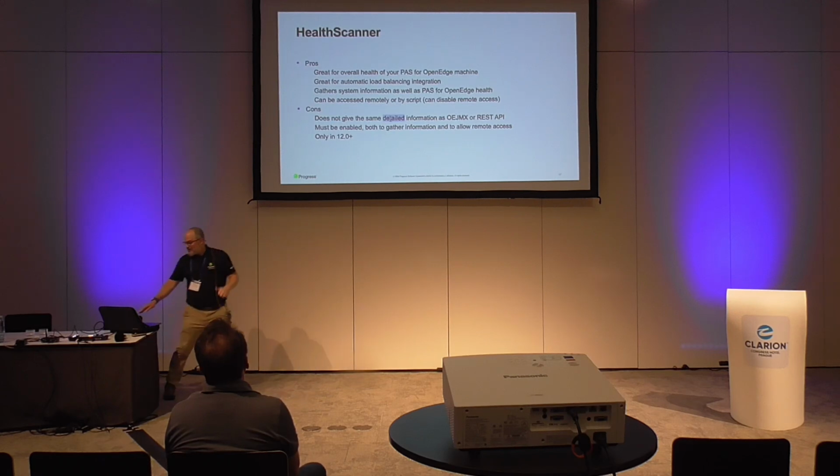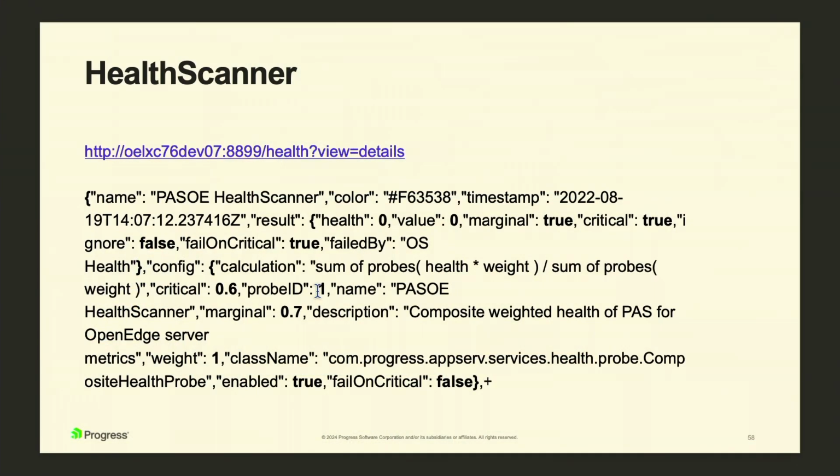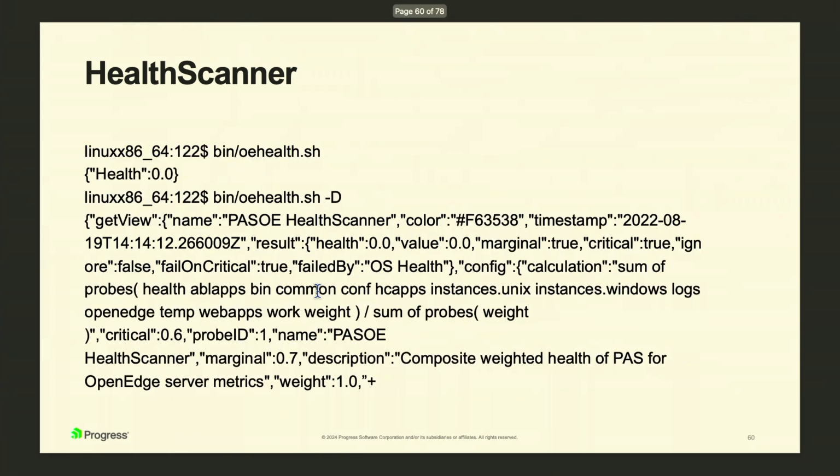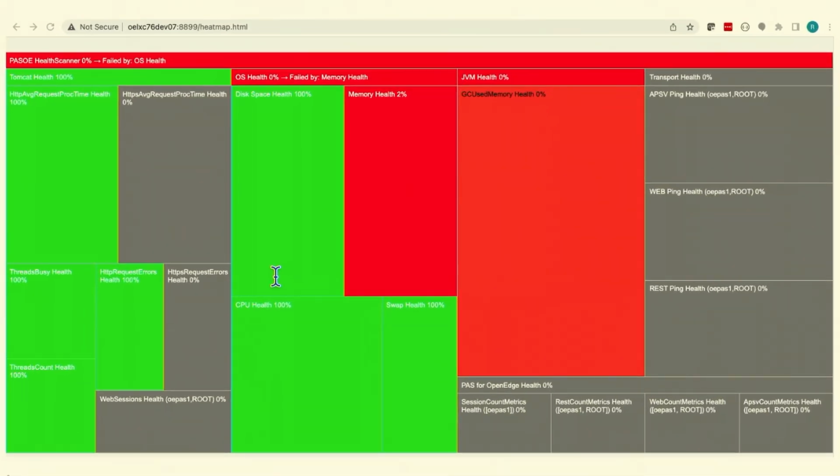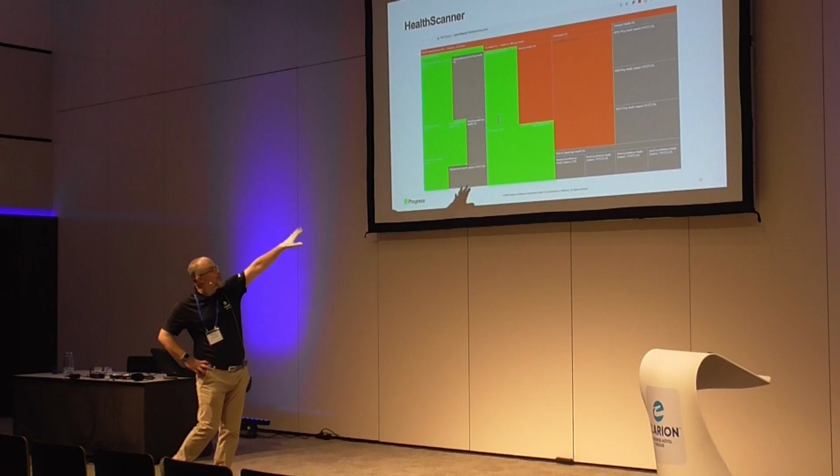It has a JSON output, right? Wow. Yeah, that's great. It's got a lot of JSON output that it provides, and by default, it displays a heat map. So I can configure the health scanner, and when I go to this heat map, I can already say, well, it's okay if CPU spikes. It's a small CPU. It's okay if it goes red.